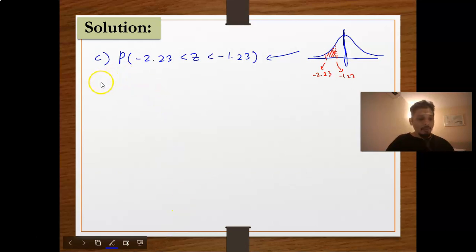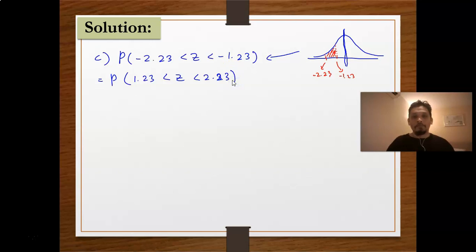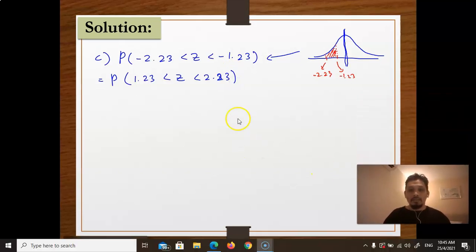And now we turn it into the probability of Z which lies in between 1.23 and 2.23. Just imagine that this area we bring to the other side, on the left side.